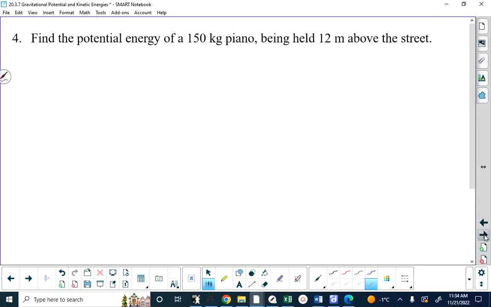Number 4, what's the potential energy of a piano being held 12 meters above the street? mgh.